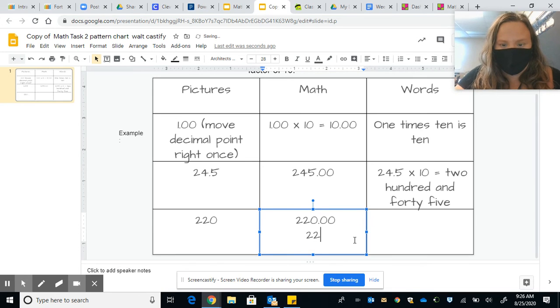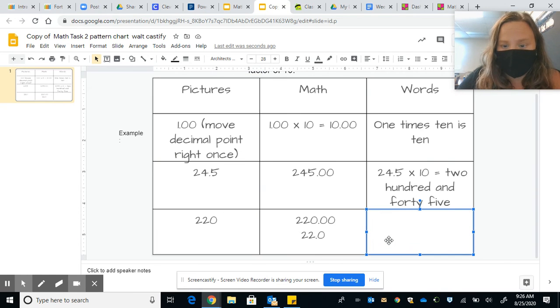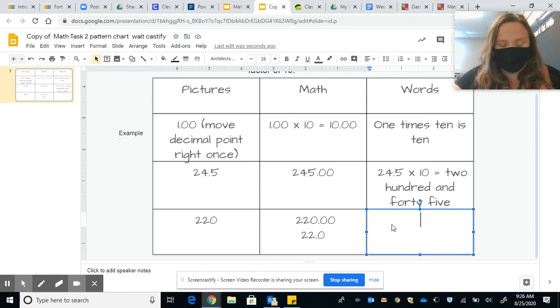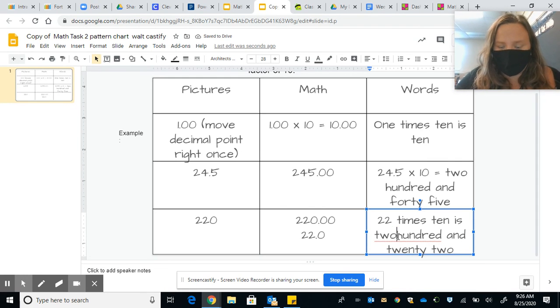You're still taking that number, but you're moving the decimal point over the 0. So if I were you, whenever I saw a whole number, I would add zeros after the decimal point to help me understand how that decimal point moves. And in words, 22 times 10 is 220. So this is what we're looking for.